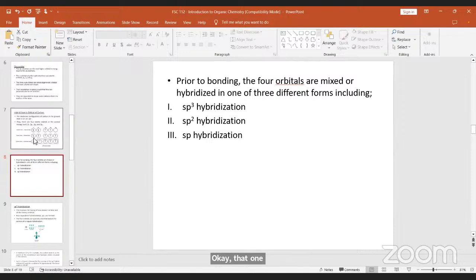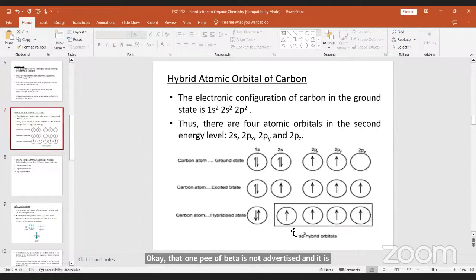Then the third scenario is that if just 1 s and 1 p mix together, then that means you have sp hybridization. It means the other two are saying, I'm not taking part in the hybridization, therefore leave us out.